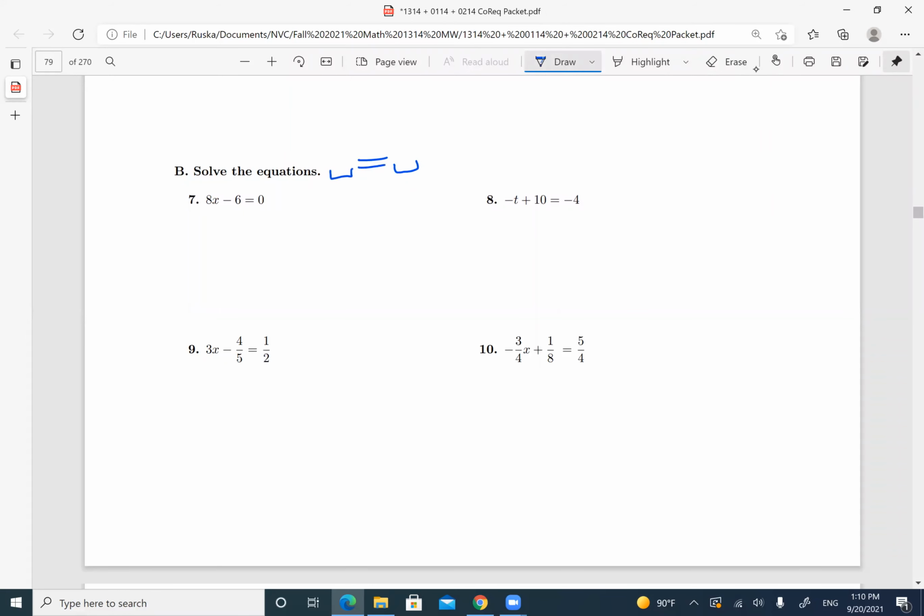And you're solving it when you get x or t or whatever variable you have by itself. In order to get that, you need to move x's to one side, numbers to the other side, and then after that, you're going to divide by the number in front of x or t, whatever the letter is. Okay, so that's the steps to solving an equation.